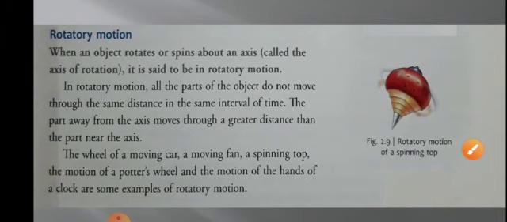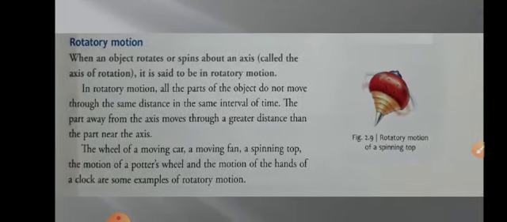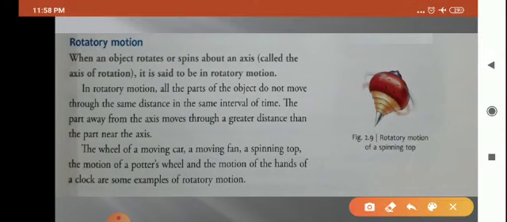So when an object rotates or spins about an axis, what is your axis, children? The axis is an imaginary line which passes through the center of the object, and about which the object rotates. So in rotatory motion, all the parts of the object do not move through the same distance in the same time.